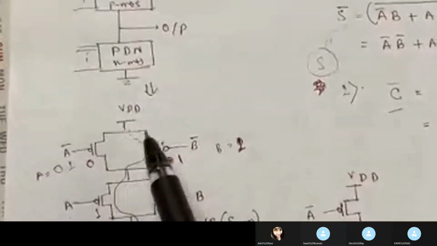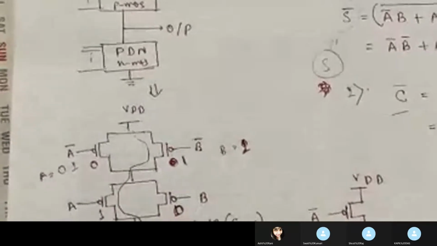So the connection has been established by B bar A to output. So here you will get output as 1, because it is connected to VDD, the high voltage source.